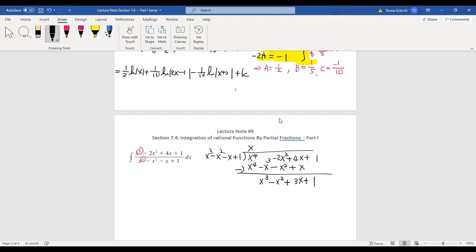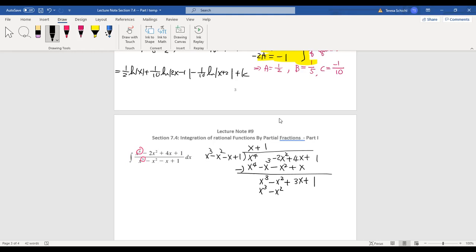All right, now here this is x cubed, so what I need to have here is plus 1, right? Because 1 times x cubed is x cubed. Then 1 times negative x squared is negative x squared, okay?